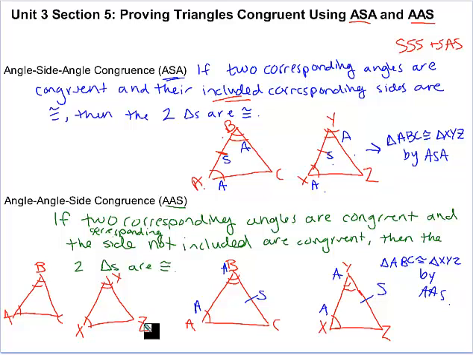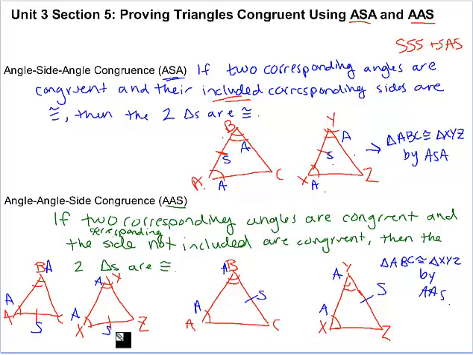Now if instead of having BC and YZ congruent, we had AC and XZ, this would also be angle, angle, side. If we label it angle, angle, side, it also works. AC and XZ are also a not included side. So it could be set up either of those two ways and it qualifies as angle, angle, side. Just make sure that you're going around the triangle in that order.